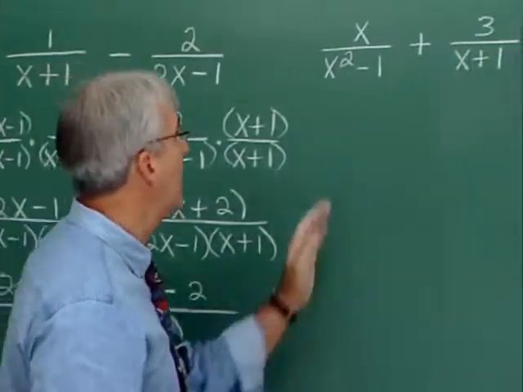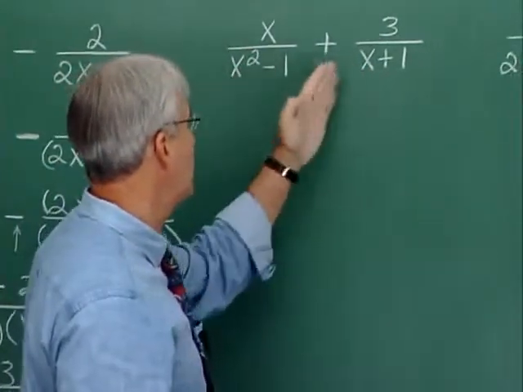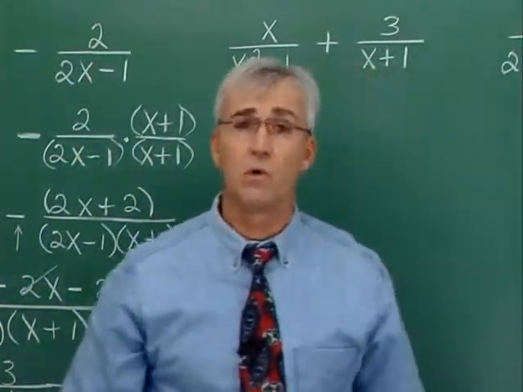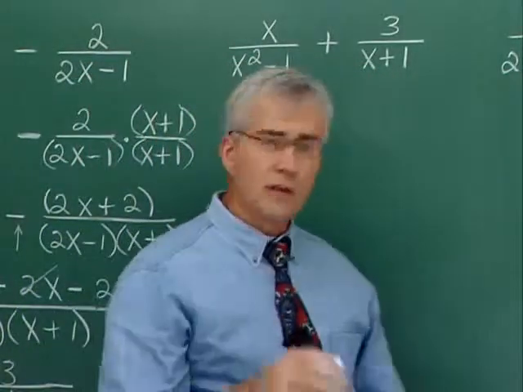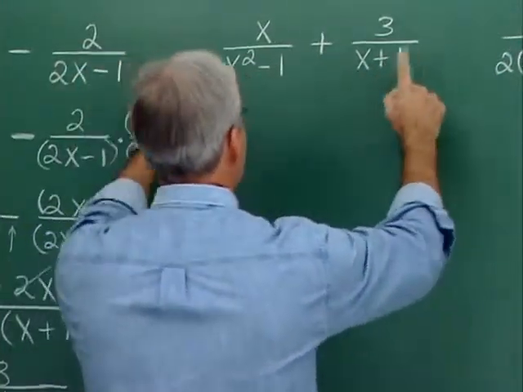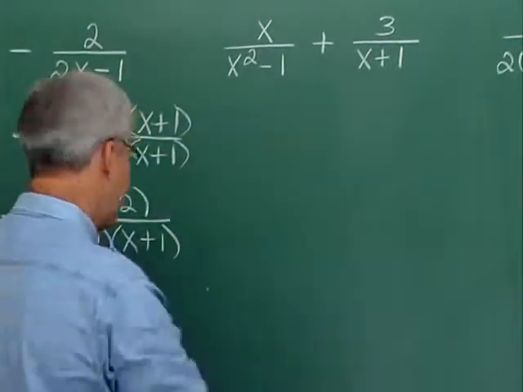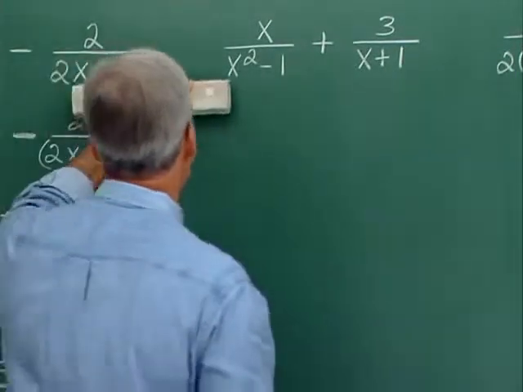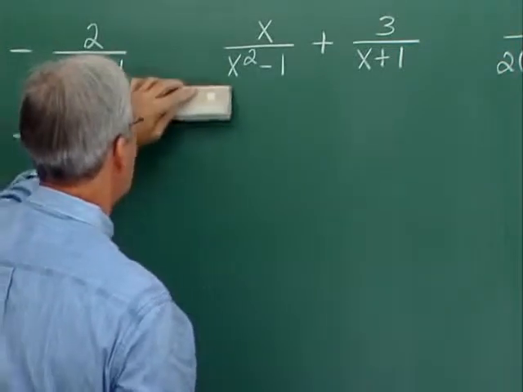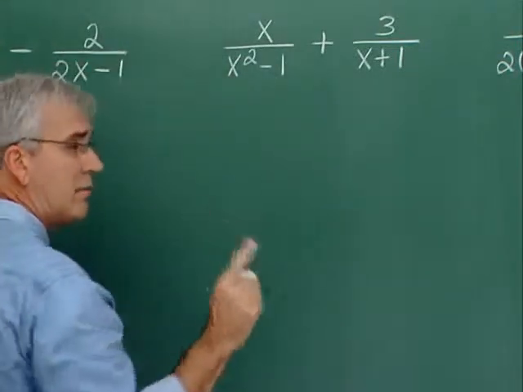Here's another one, and this one involves another nuance, and each one of these is going to involve a nuance of one kind or another. The nuance here is this: when you look at the two denominators, you might say, oh, no common factors, let's just cross multiply using that technique I was just telling you about. But you have to look a little more closely, and you notice that the x squared minus 1 can be factored.